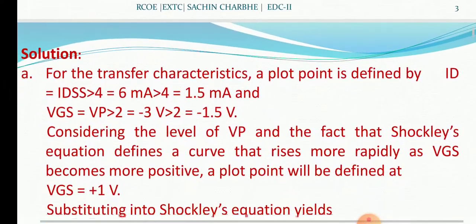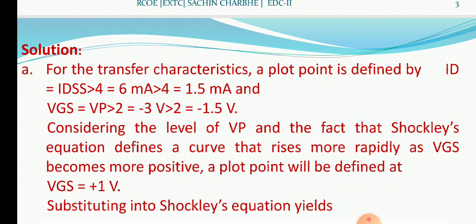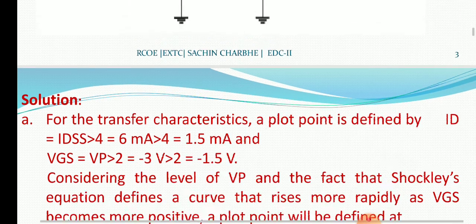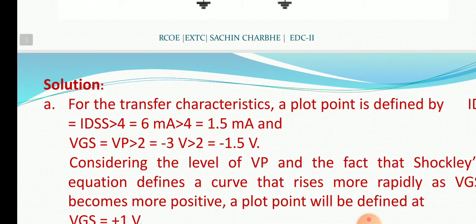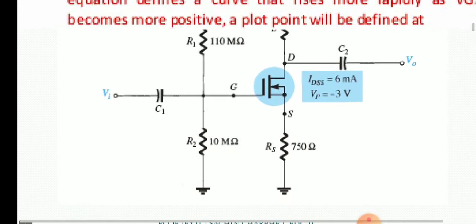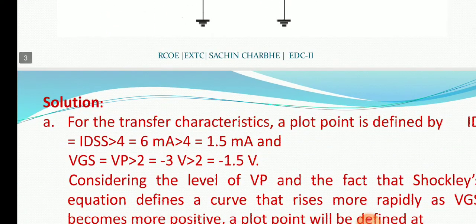So we will see the graphical method. For the transfer characteristics, we have to plot the point defined by ID, drain current, equal to IDSS, that is 6 milliampere, which is given. Then we have to consider IDSS by 4 equals 1.5 milliampere, and VGS according to VP by 2, that is -1.5 volt.